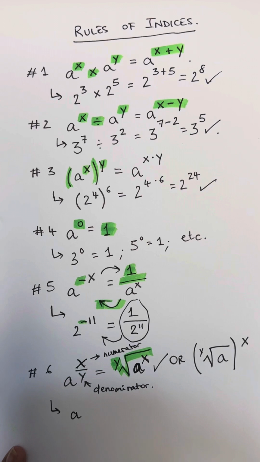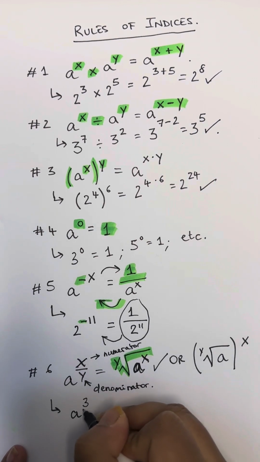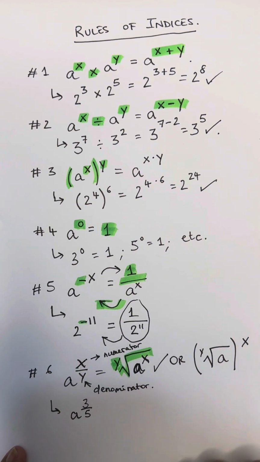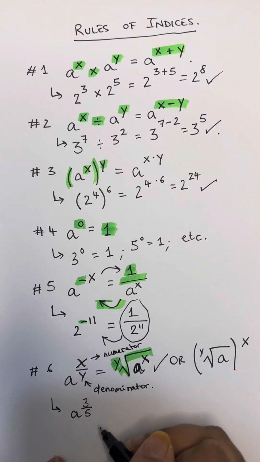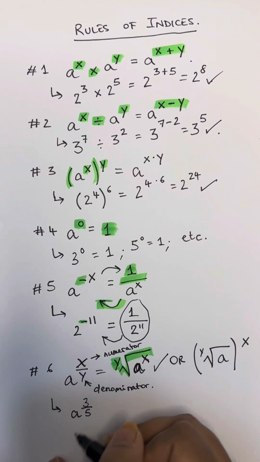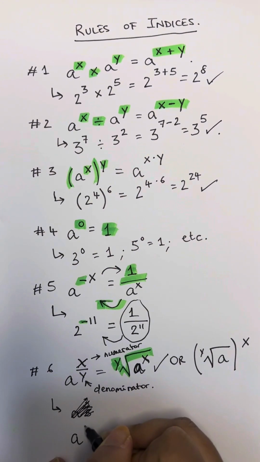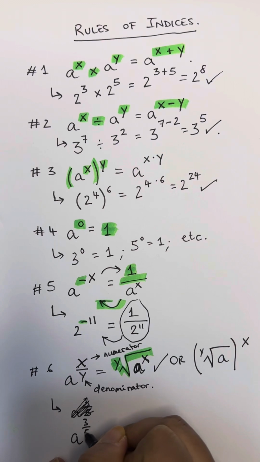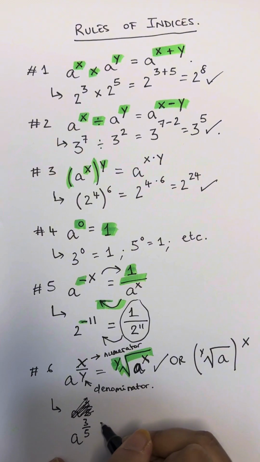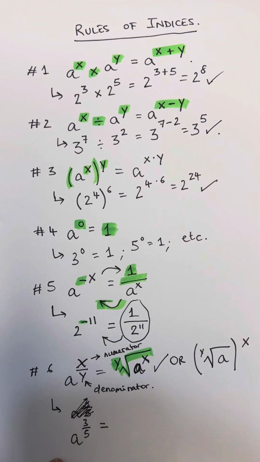Okay, so for example, a to the power of 3 over 5. I just did not put a number here in case it's confusing for others. So we know that the y is going to be what?